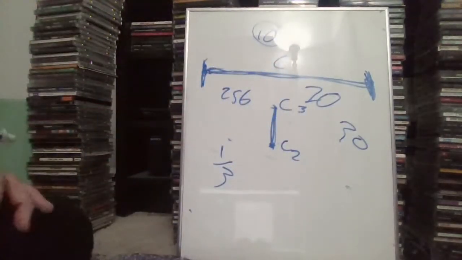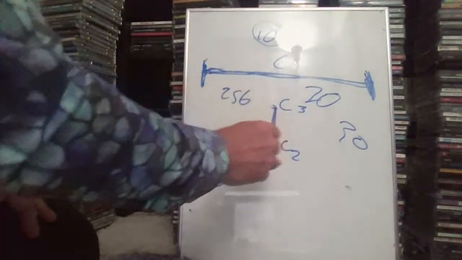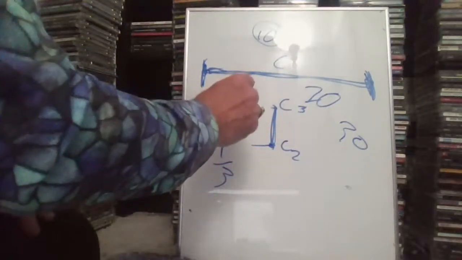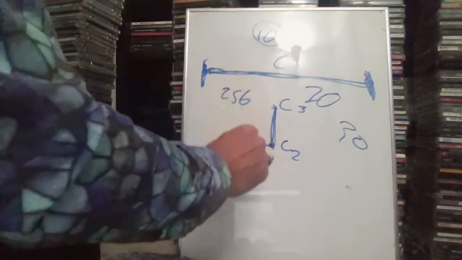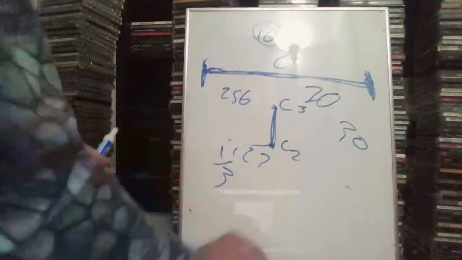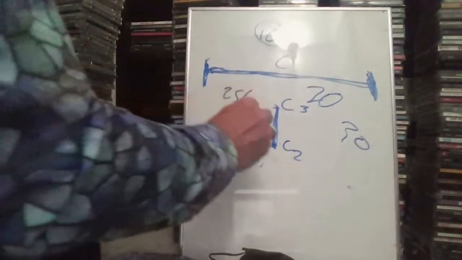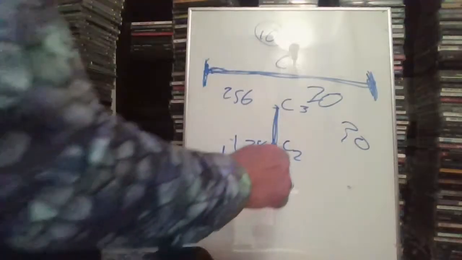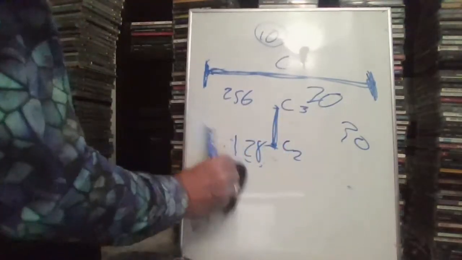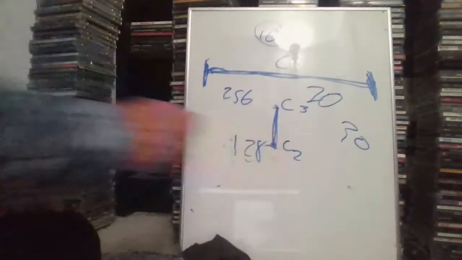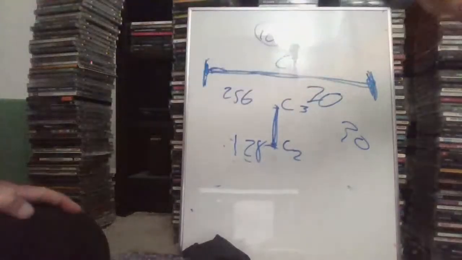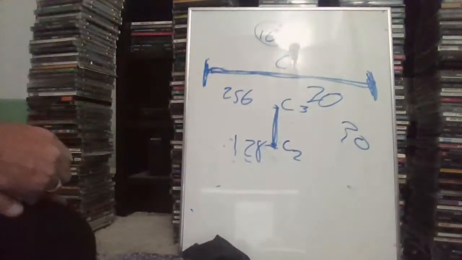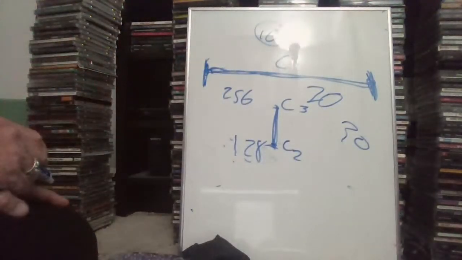C could be 256. Then half the C would be half of that, which would be 128. That would be the first undertone, and that would be another C. Then if I have a theoretical string 3 times the length, that would be 1/3 the frequency of that.